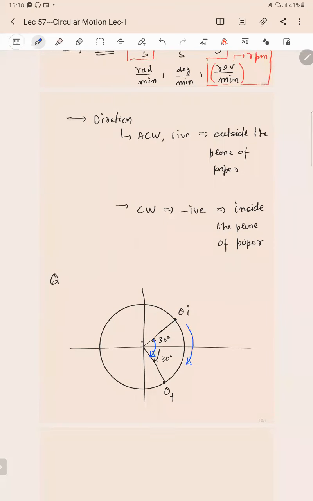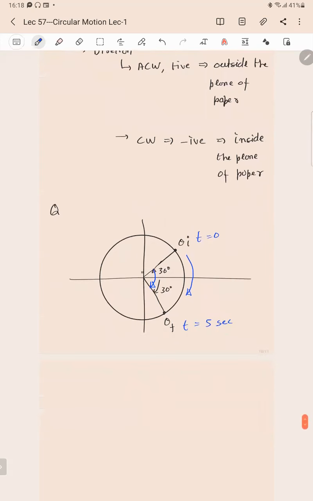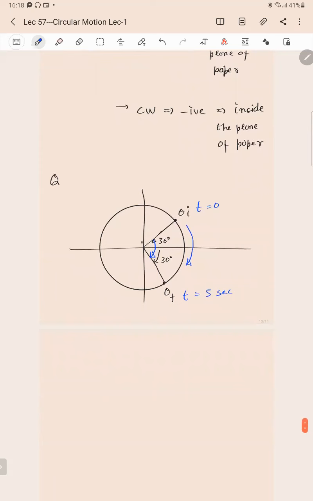Understood? At t equal to 0, the particle was here. At t equal to 5 seconds, the particle was here. Now, it is being asked, find out omega average. Can you find this out? Along with the direction and sign, find out omega average.